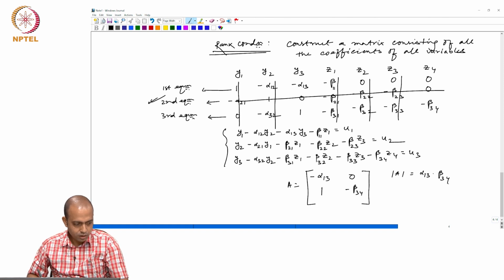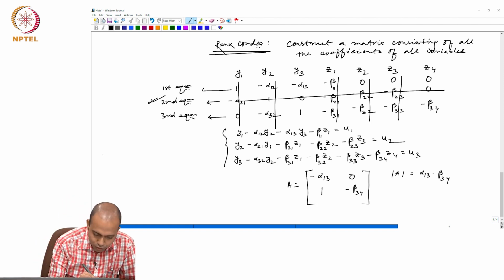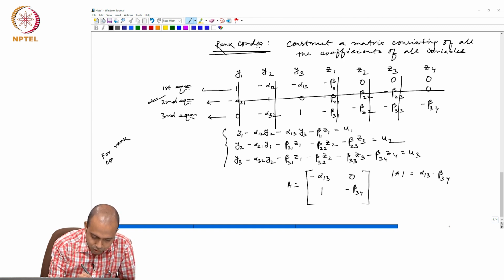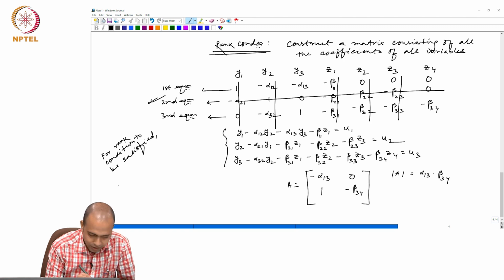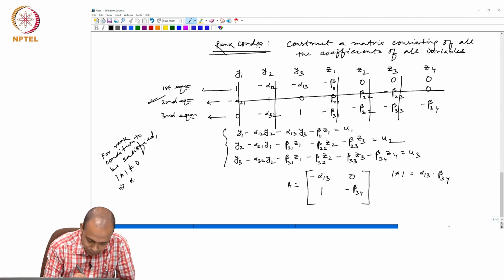So for the rank condition to be satisfied, what we need is the determinant of A should be not equal to 0, which implies alpha 1 3 into beta 3 4 should be not equal to 0.